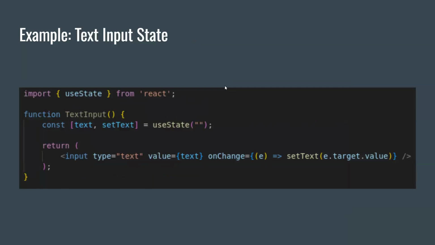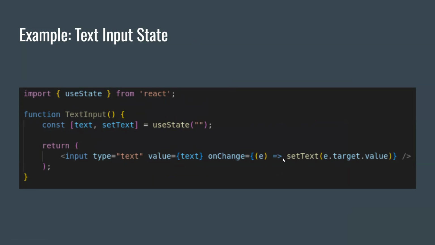Here is another example, text input. We have a text input component where we return an HTML input, which has value text, and onChange is going to update the text value.